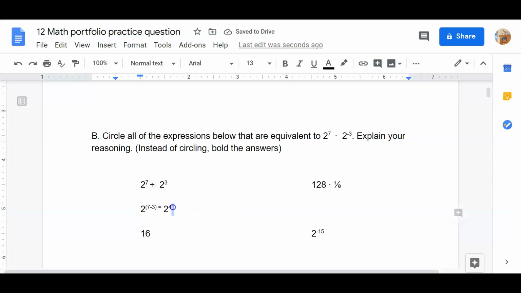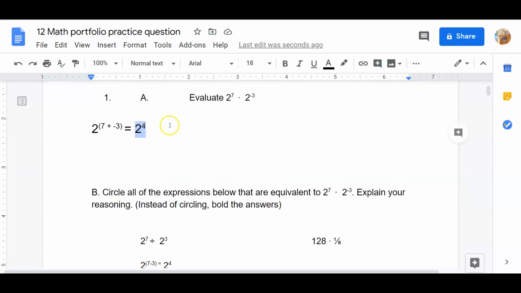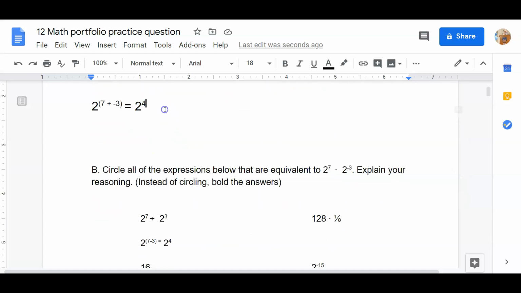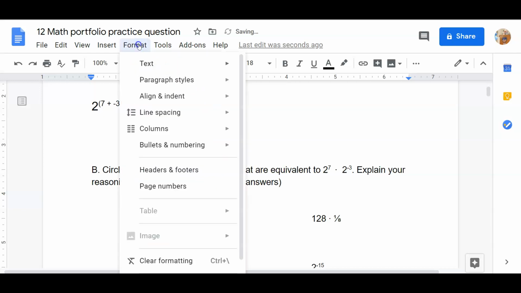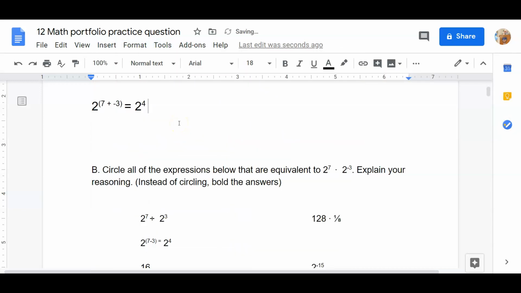Is 2 to the fourth equal to 2 to the 7 times 2 to the negative third? Yes, it is. You figured that out before. Don't forget the answer you had before. And here's what you should do as well. We should simplify 2 to the fourth. So 2 to the fourth is equal to 2 times 2 times 2 times 2.